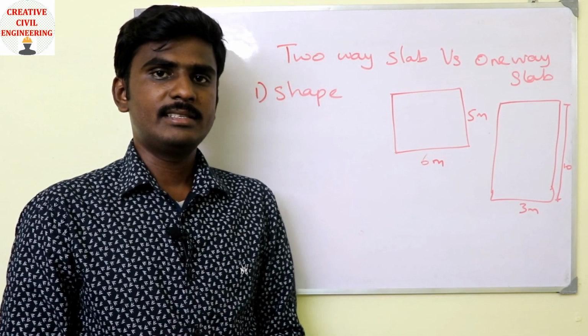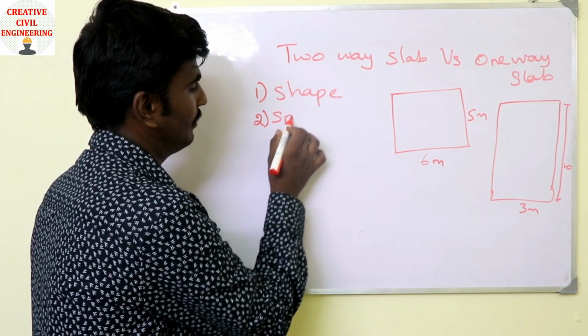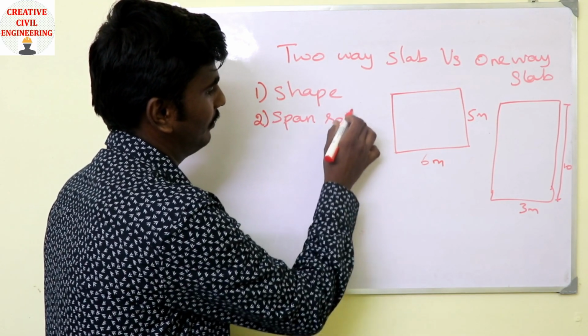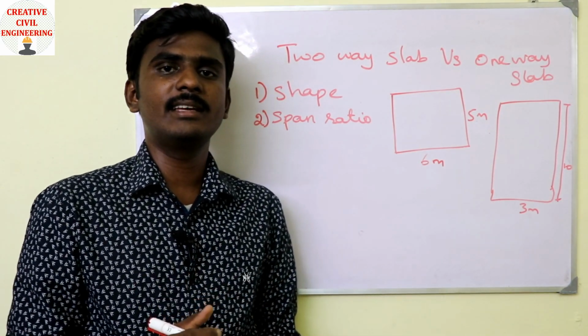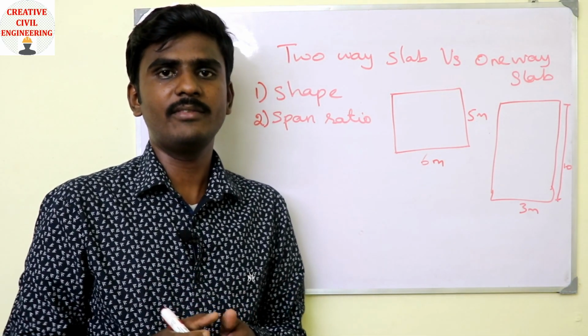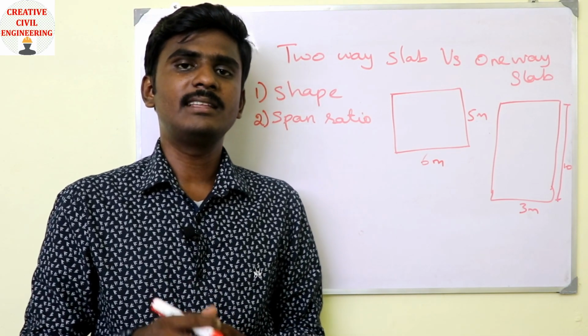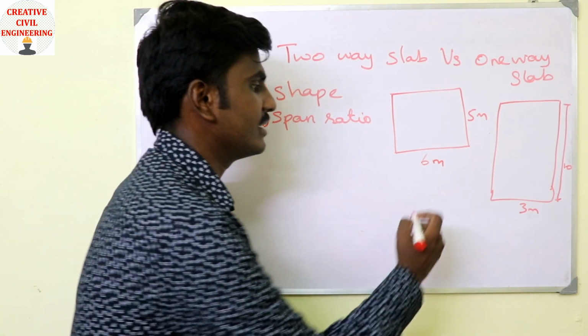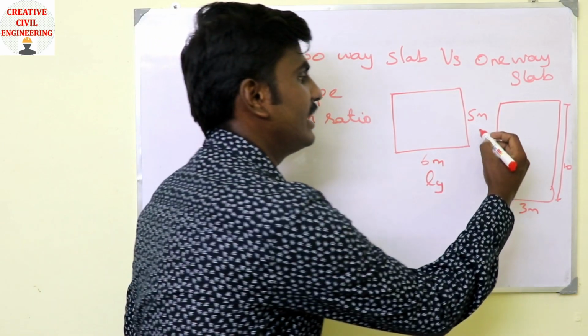Okay, second difference is the span ratio. Here span means a distance or length. We have two directions, one is the x direction, another one is the y direction. The largest dimension is always known as Ly. The smallest dimension is always known as Lx.